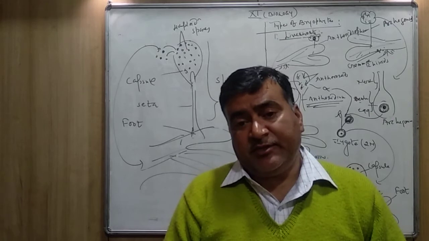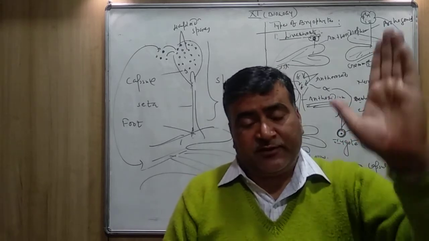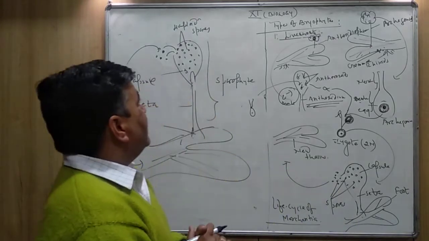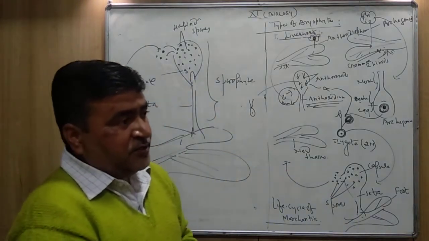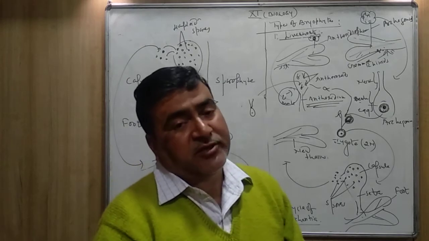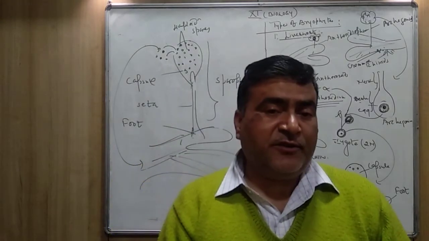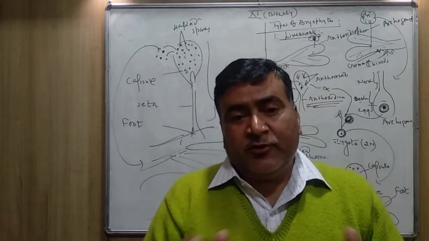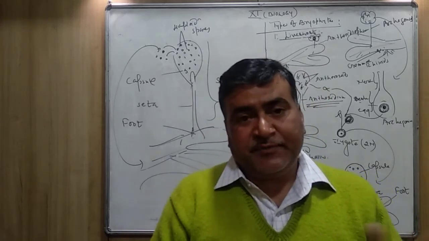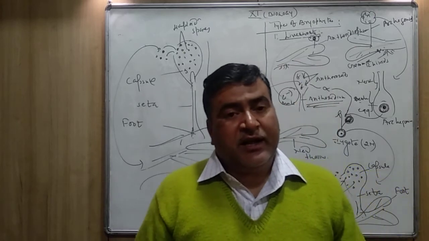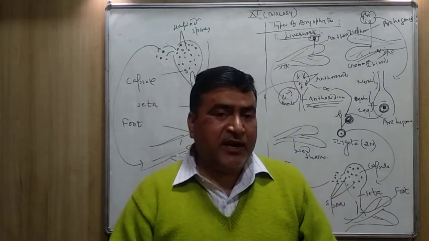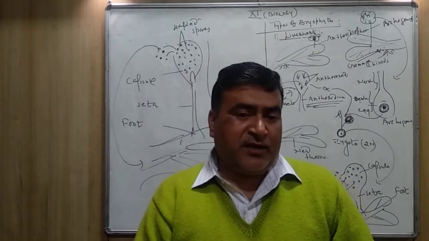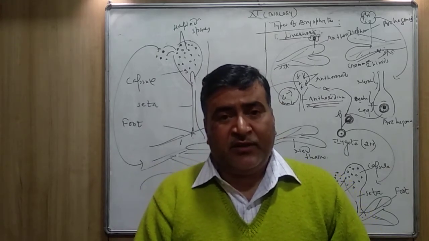Seta is the part of the sporophyte which transfers the food to the capsule, and the capsule is the main part of the sporophyte which produces spores by the process of meiosis division. And when the spores are matured, the capsule is ruptured and spores are liberated outside, and each spore can produce the new gametophytic plant again.